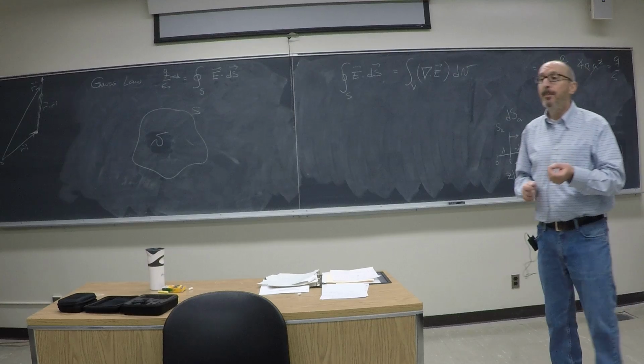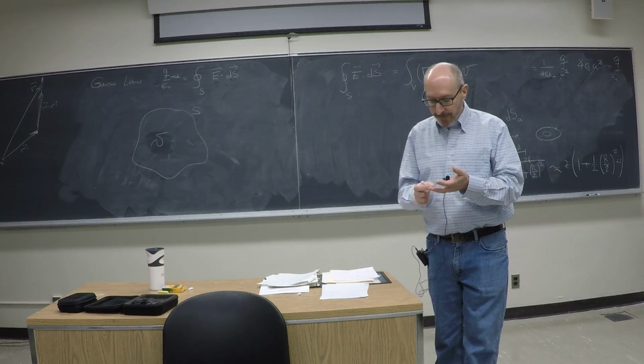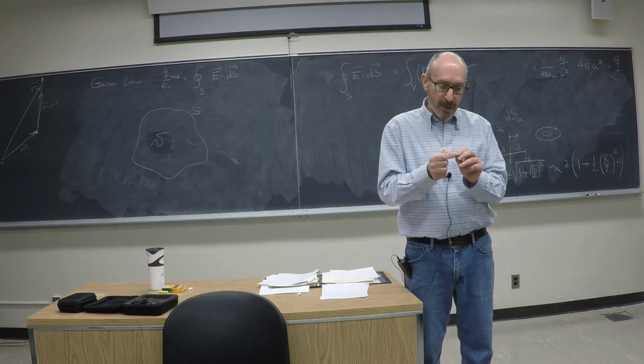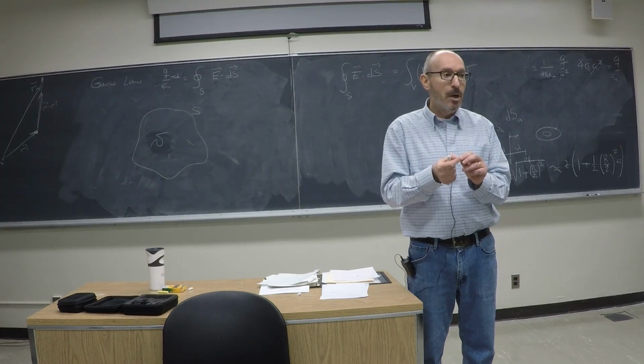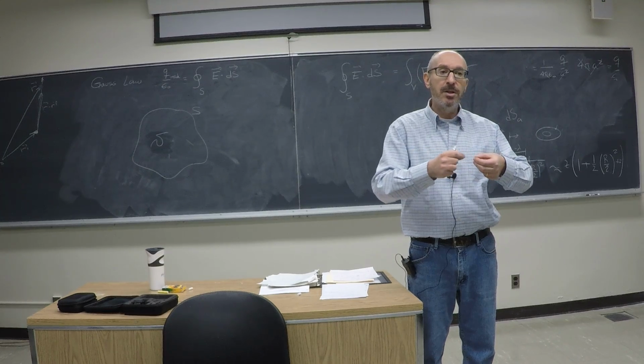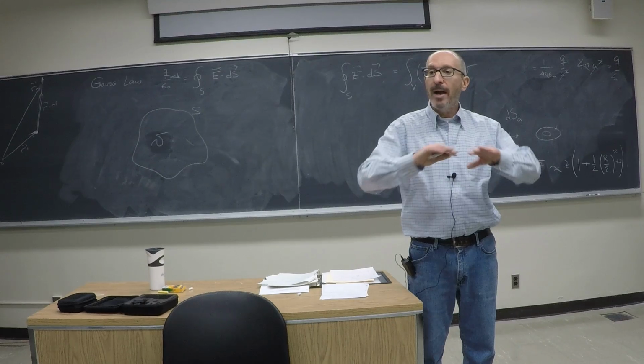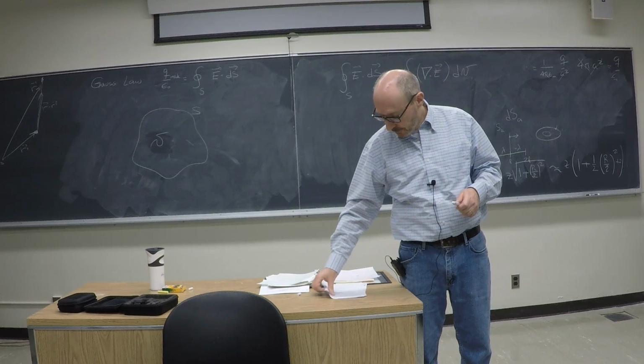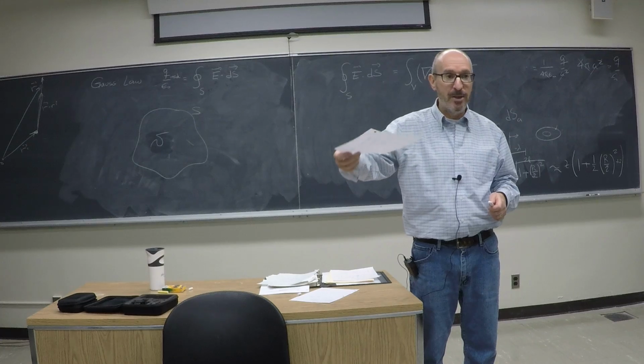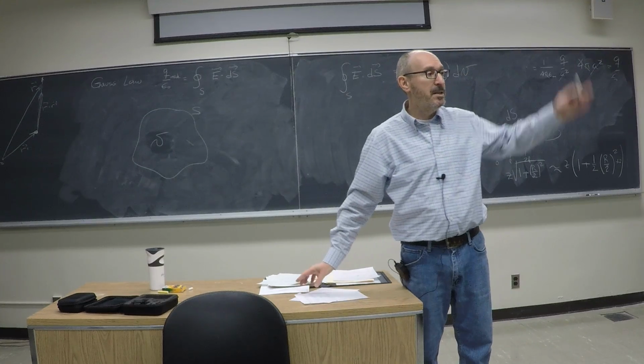This is good enough. So the point is that whether we have point charges that can be considered very tiny spheres, or lines of charge that can be considered three-dimensional wires, or surfaces that in reality are three-dimensional objects, it doesn't really matter where the charges are.